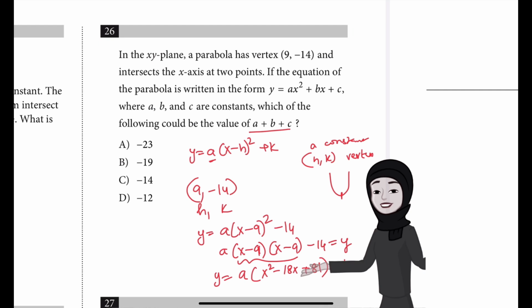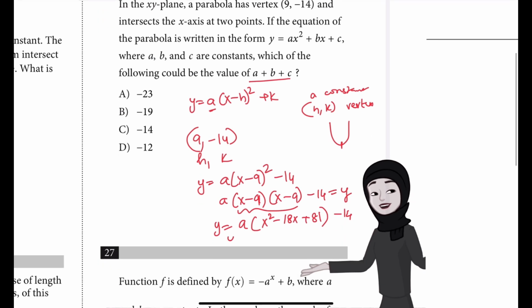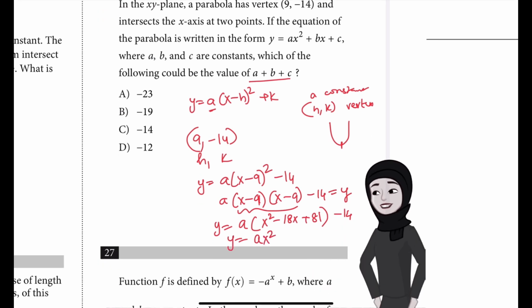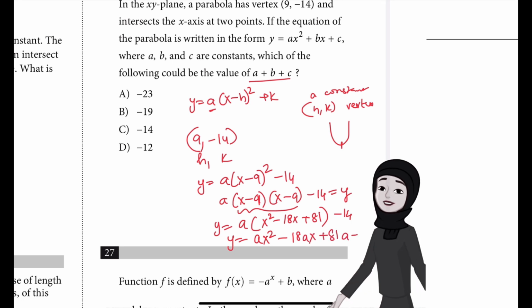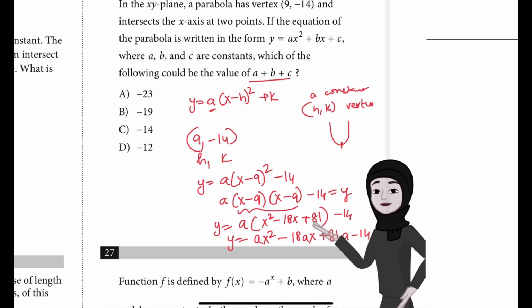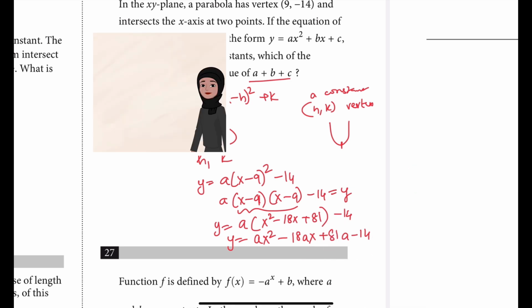Now distributing the value of a, we will get y = ax² − 18ax + 81a − 14.